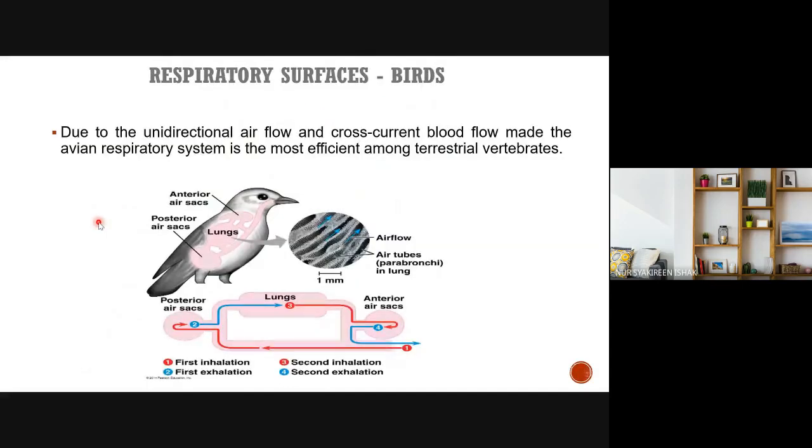Okay, so due to the unidirectional airflow and cross-current blood flow, the avian respiratory system is the most efficient among terrestrial vertebrates. So if you look at this diagram here, dia nak tunjuk kalau bird tadi dia cakap dia guna apa? Two cycle, kan? Two cycle breathing.